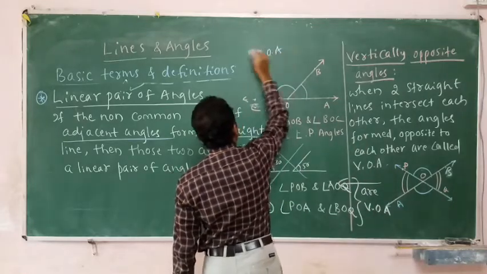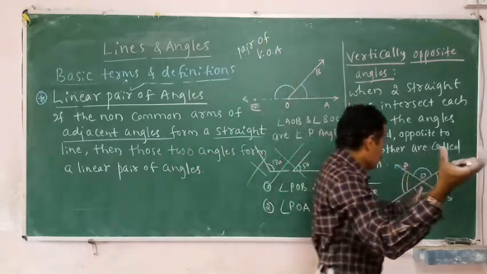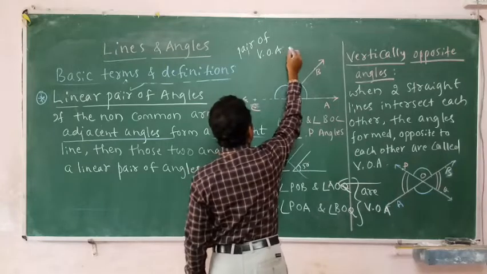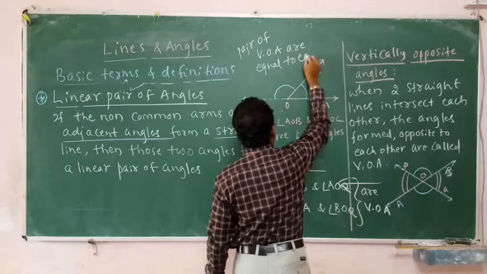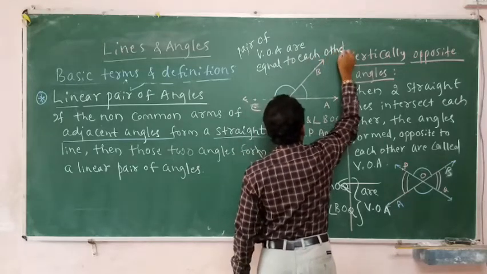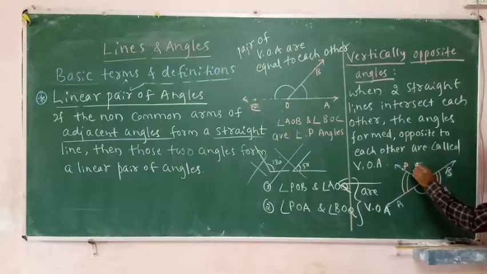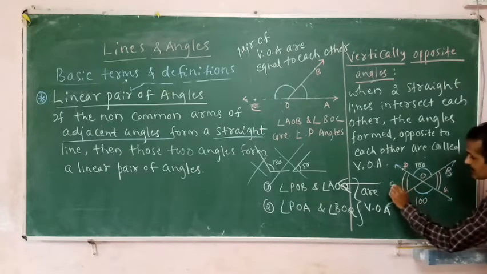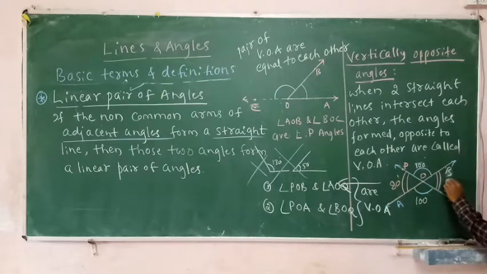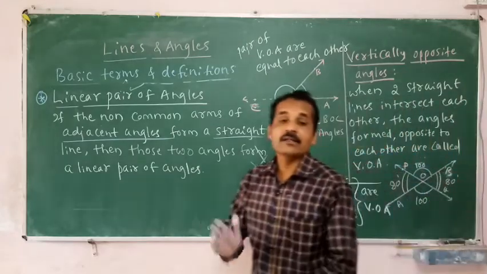A pair of vertically opposite angles are equal to each other. That means if I say this is 100 degree, this is also 100 degree, and if I say this is 80 degree, this is also 80 degree. This is all about your vertically opposite angles.